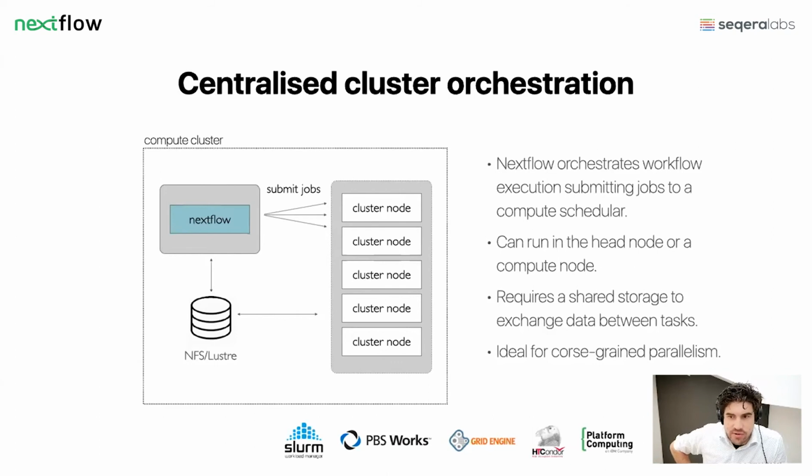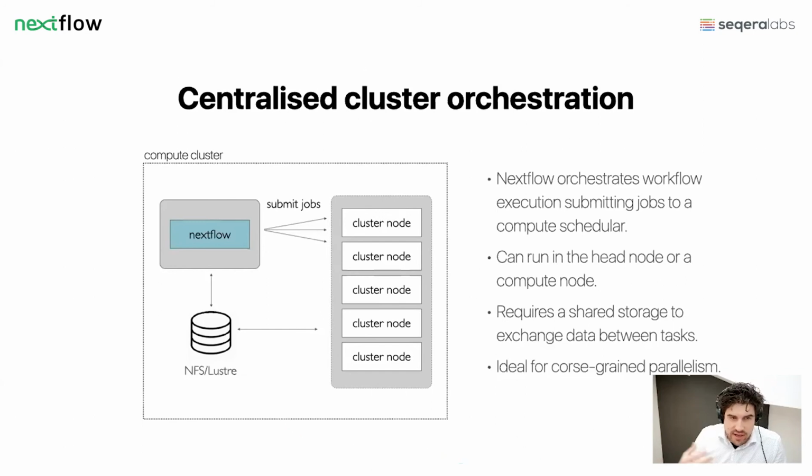Typically here we're using a shared file system for the intermediate files, which makes starting up very quick. This is a really powerful way to launch and very quick in terms of its execution. I think Nextflow supports something like 10 different schedulers when operating in this mode.